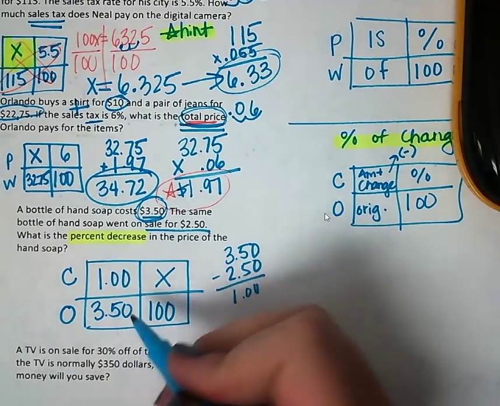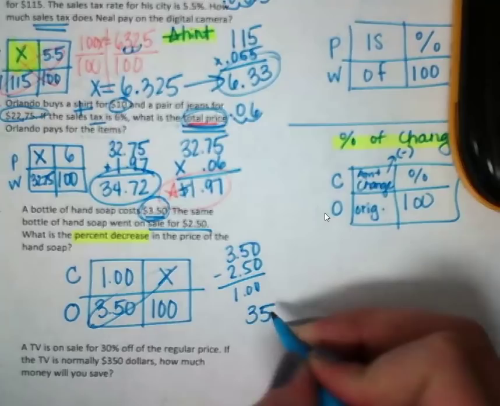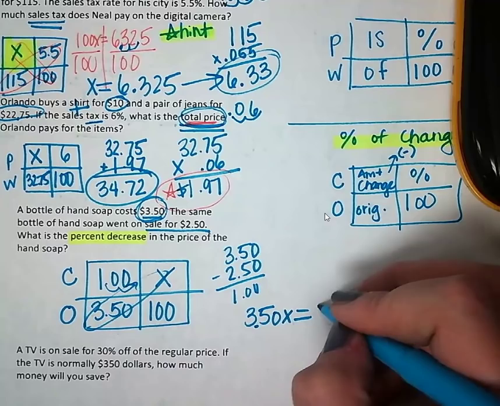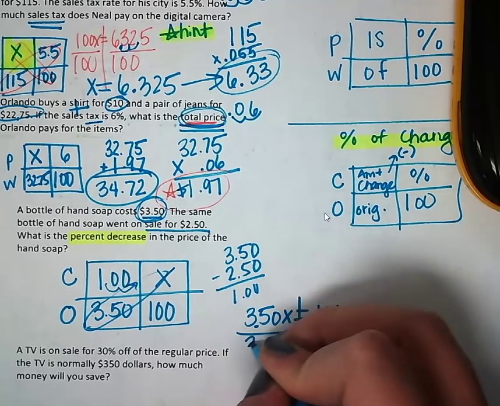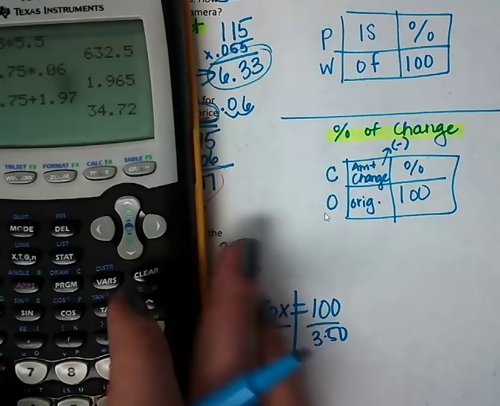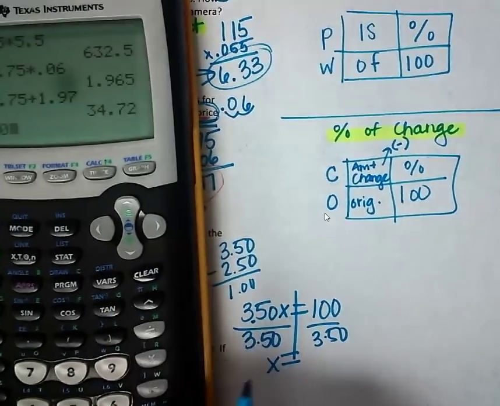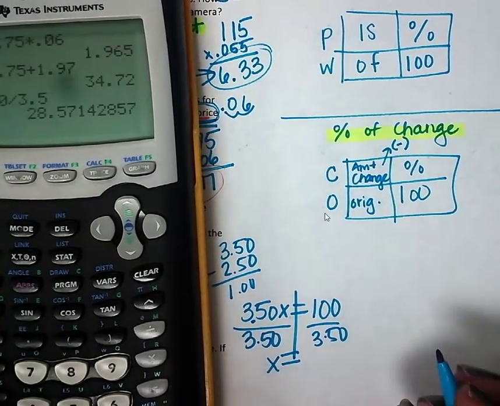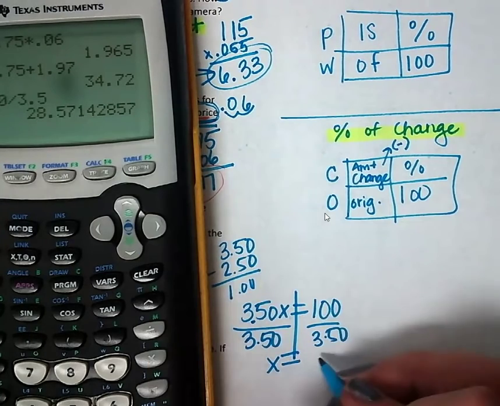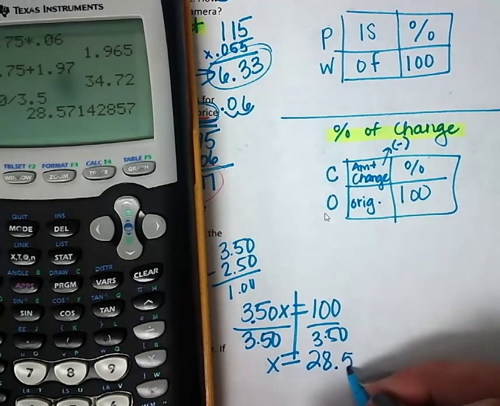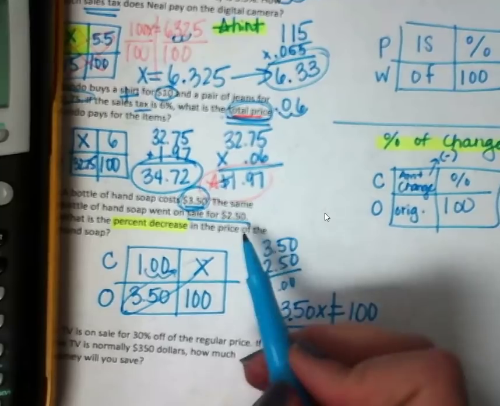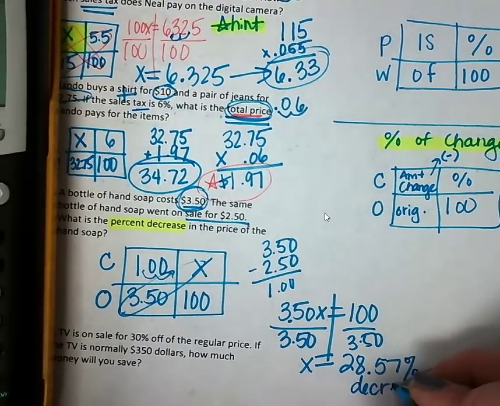So we're going to set up our box, 350x, and 100 times 1, we move our decimal over, is 100, and we divide by 350. Okay, so 100 divided by 3.5. So we get 28.57, and the 1 we're going to say tells the 7 to stay the same. So 28.57/100%. And the cost decreased, so we're going to say percent decrease.